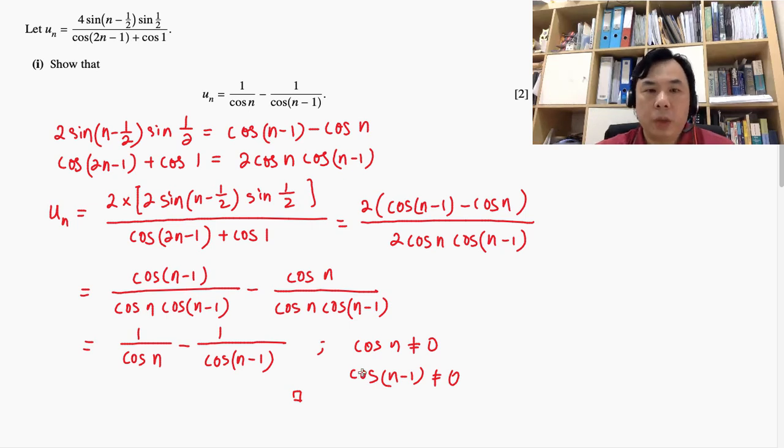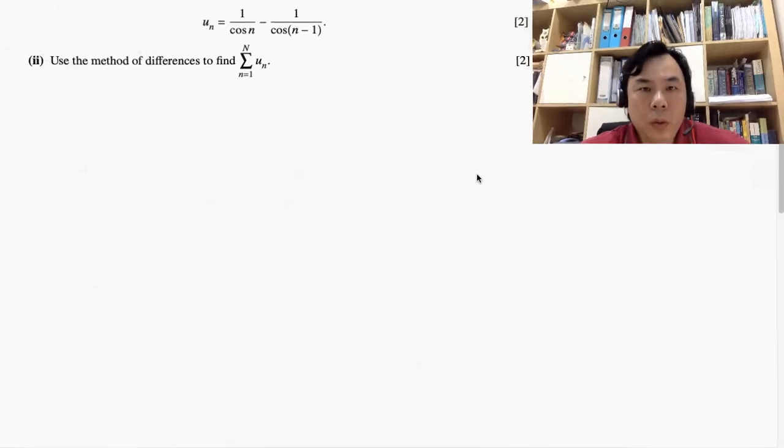All right. We're going to use the identity proven here to obtain the summations of this series. Right. So once we have proven the identity for the sequence here, we are going to make use of this result using methods of differences to find the summations of this series.